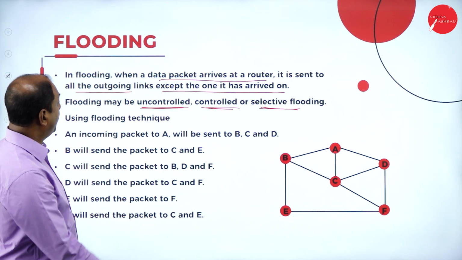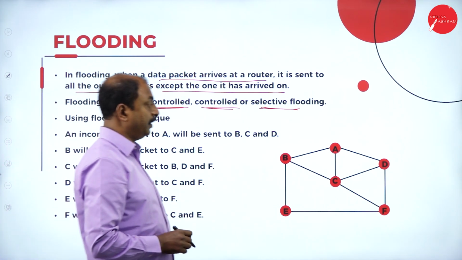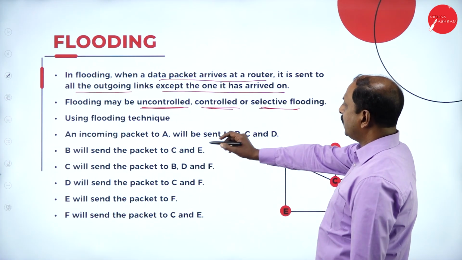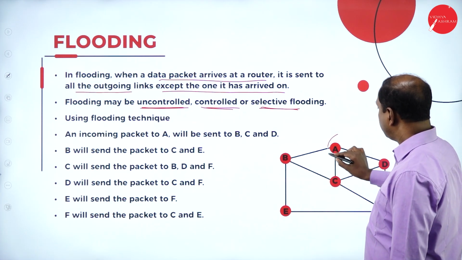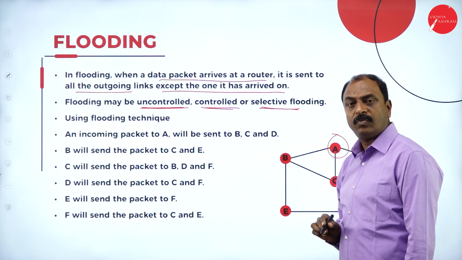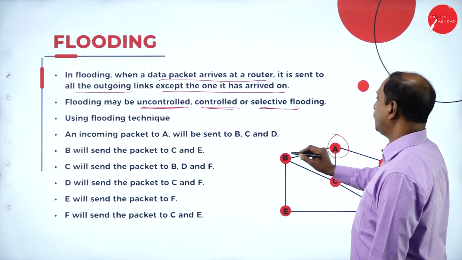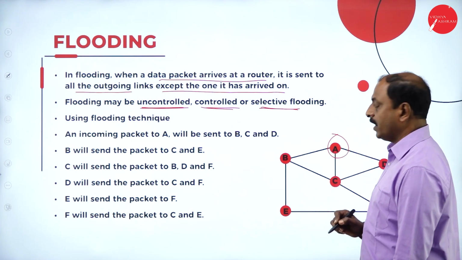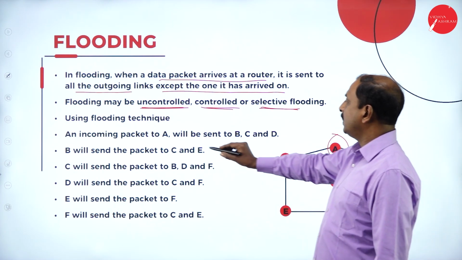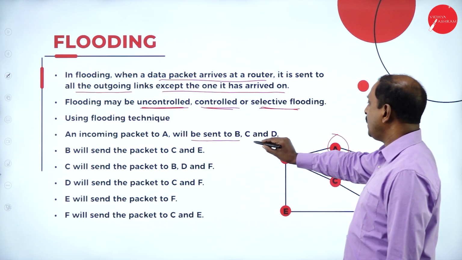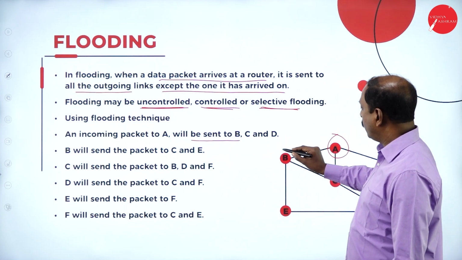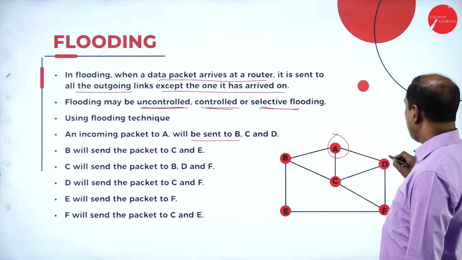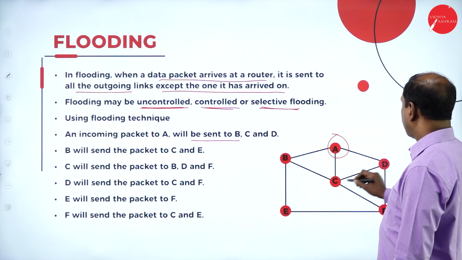Next, using the flooding technique, look at the example here. Consider an incoming packet from a network which has reached router A. Then the packet will be sent to B, C, D, which are the immediately connected nodes.